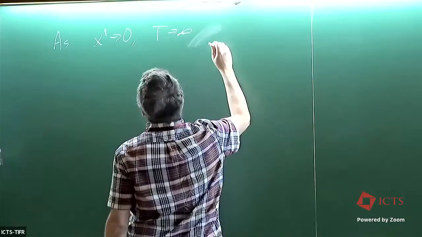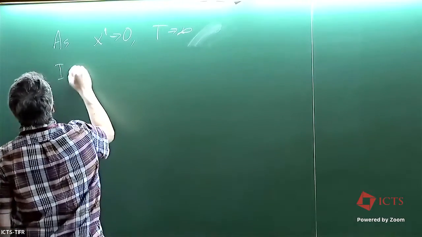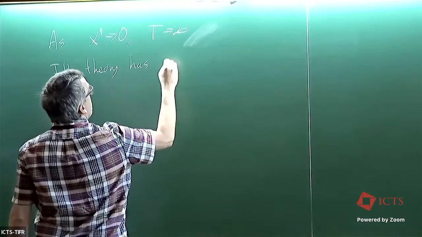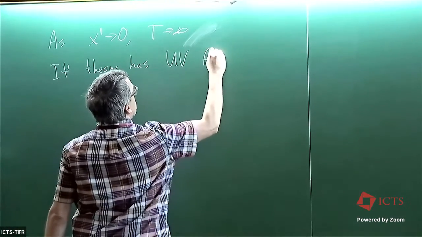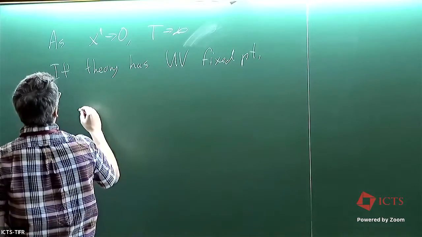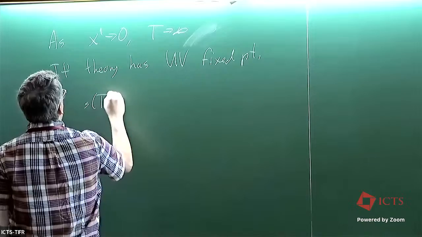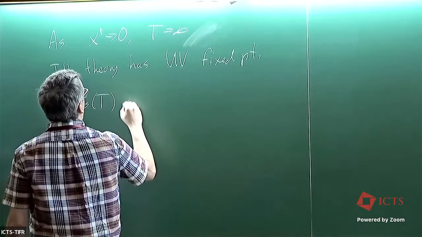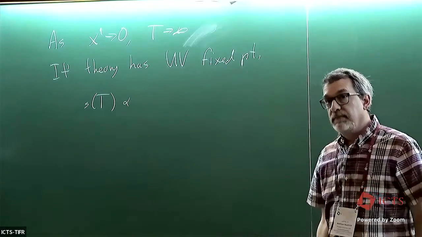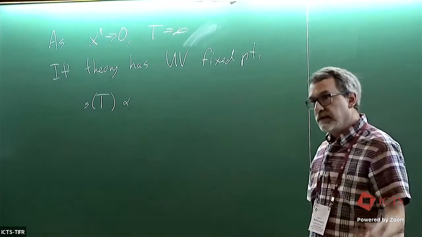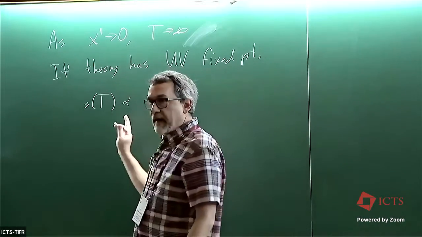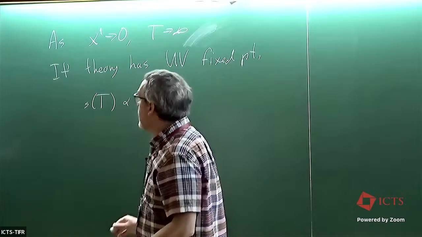So if the theory has a UV fixed point, then S of t is proportional to whatever you get from dimensional analysis, because at a fixed point there are no other scales.